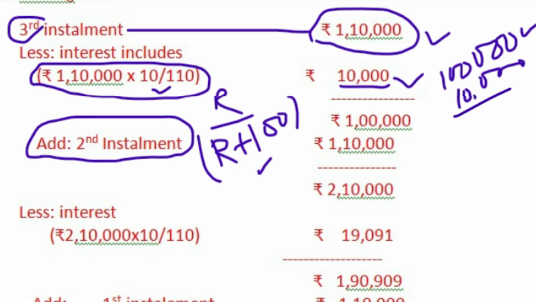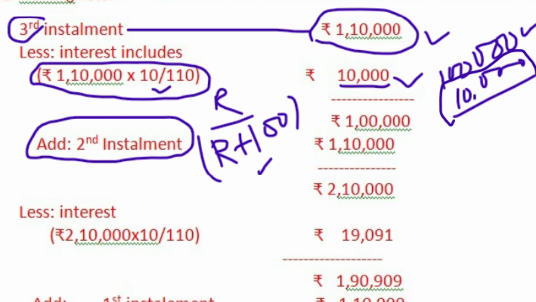The 10,000 is paid as interest for delaying payment, for taking the credit period.